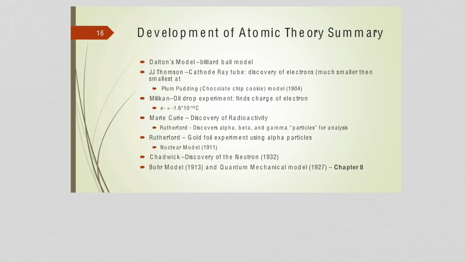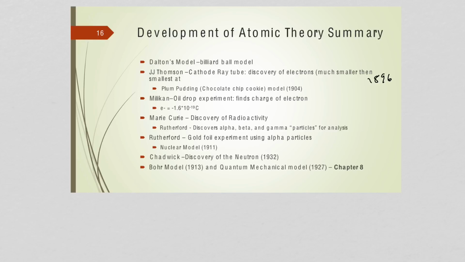So remember, this was around, let's see here, 1896 when he did his cathode ray experiments, whereas Dalton got us all started in the early 1800s with his development of his first theory.